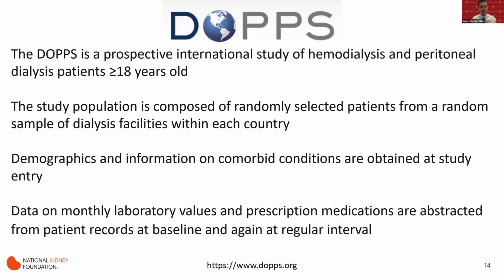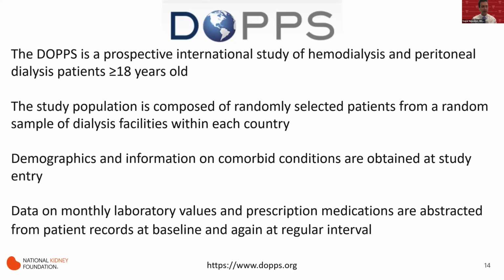This is an international prospective study of dialysis patients, both hemodialysis as well as peritoneal dialysis, who are in the adult age group. And the study population is randomly selected from a sample of dialysis facilities within each country.